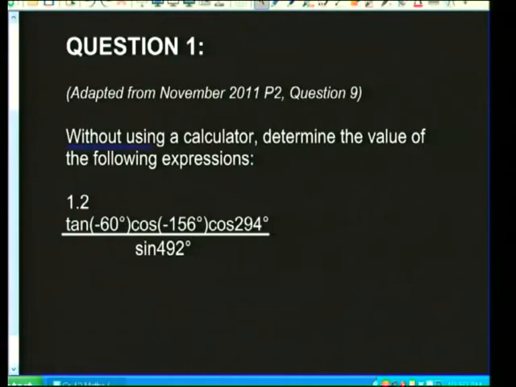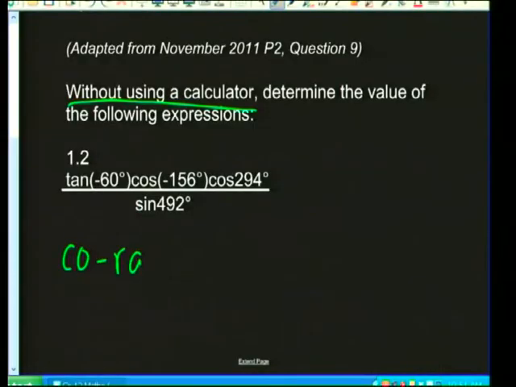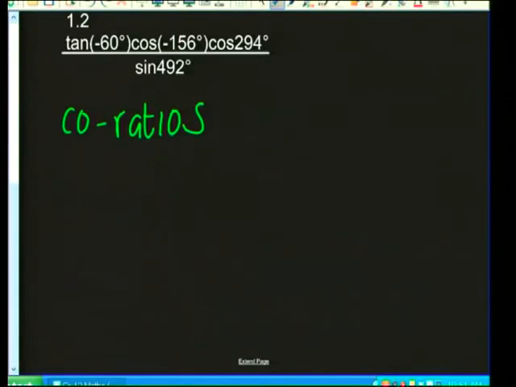Now that we've done the previous question, let's go on to the next question. It says, without using a calculator, determine the value of the following expressions. Here we get introduced to two more things. First, your co-ratios. Remember, those are all your 90 plus, 90 minus.